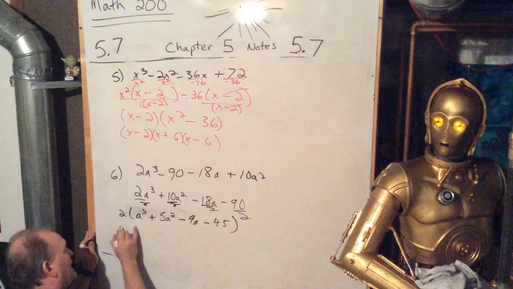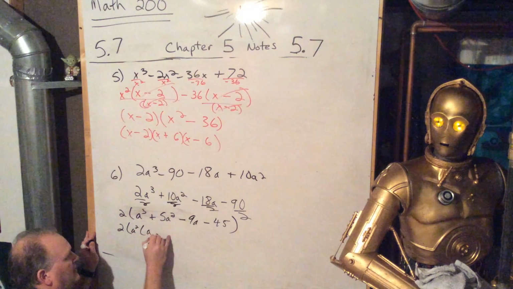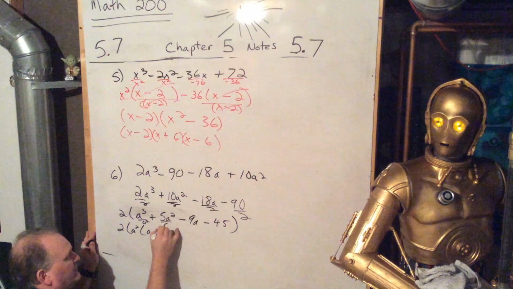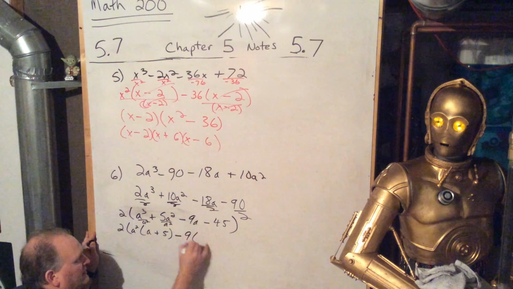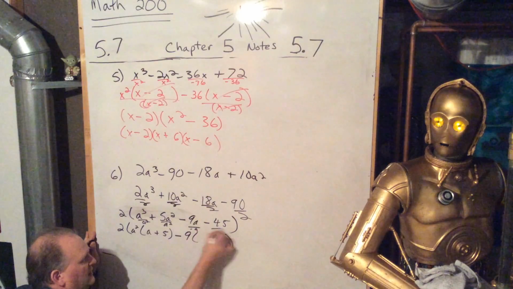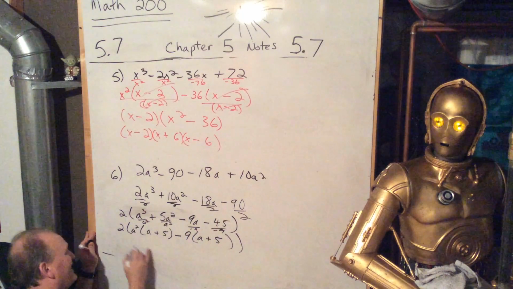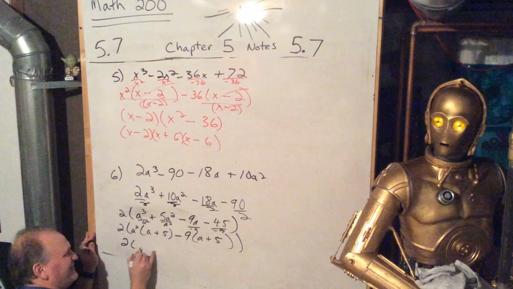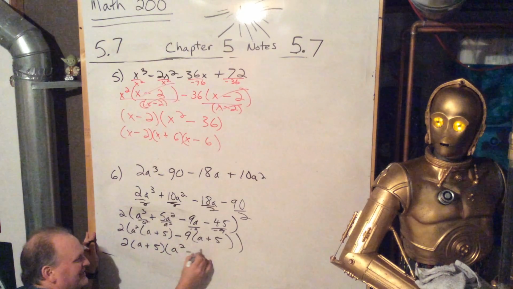Much better. Now let's factor by grouping. We'll pull the a squared out and get an a plus 5. We'll pull a negative 9 out and get an a plus 5. We'll pull an a plus 5 out. So now we have the 2 out front. We have an a plus 5. And then what's left is a squared minus 9.